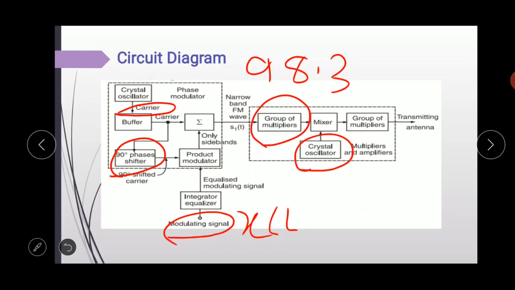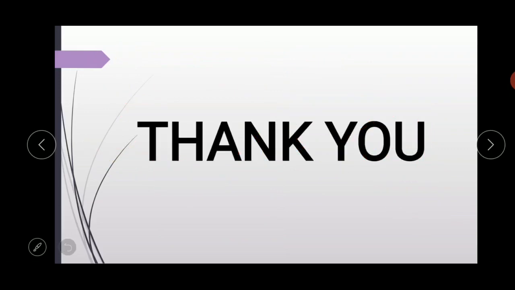This gives a 0.3 frequency, as per our requirement, and a mixer at the output of the multiplier and local oscillator, so that we are able to get our required frequency. So this is all about indirect method of FM generation. Thank you.